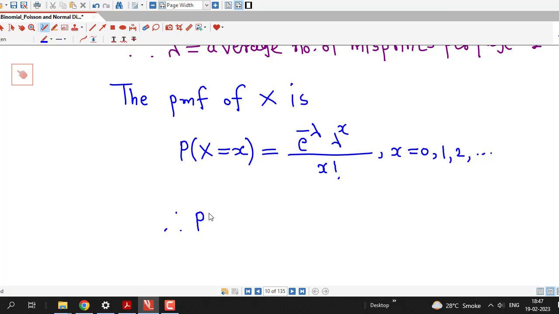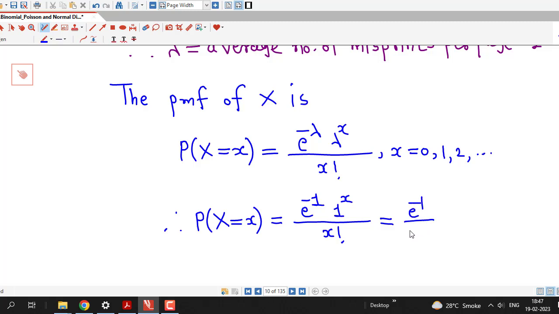Here lambda is 1, so we have e raised to minus 1 times 1 raised to x divided by x factorial, or we can simply write this as e raised to minus 1 divided by x factorial, because 1 raised to x is 1.